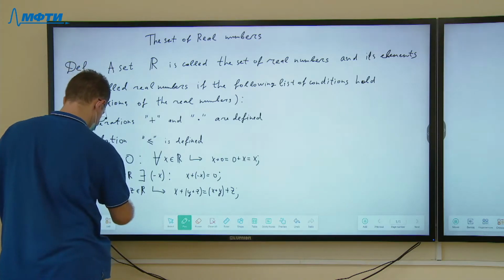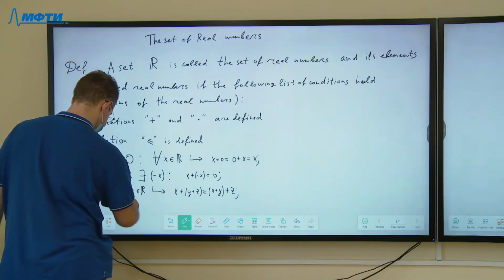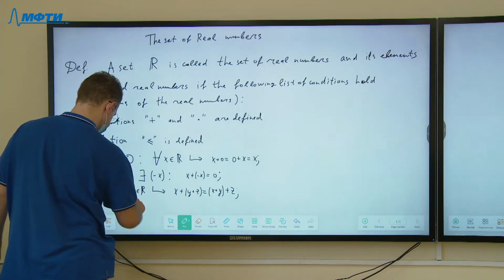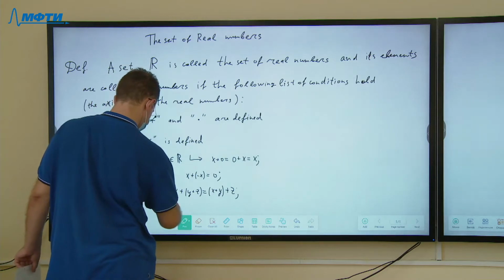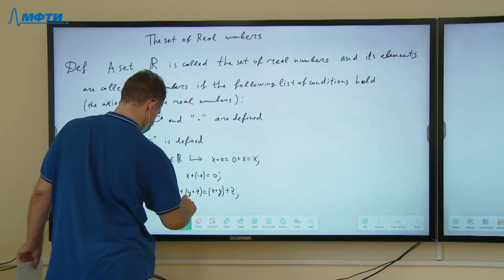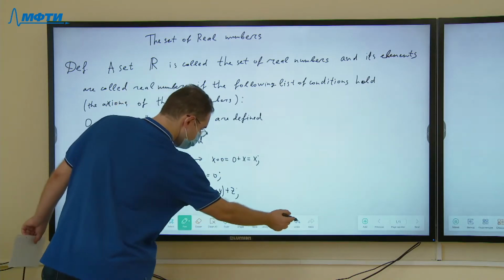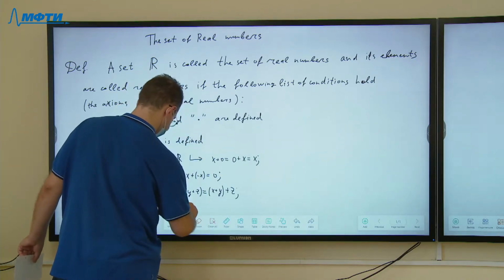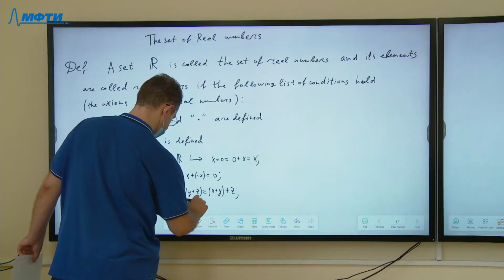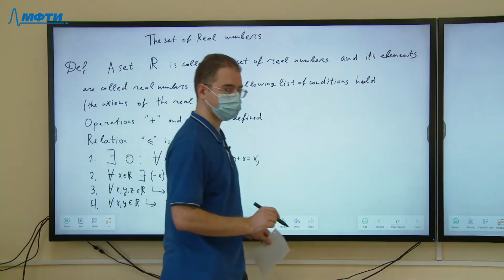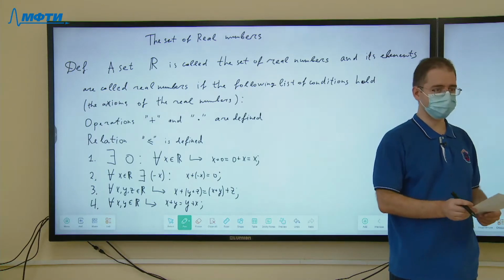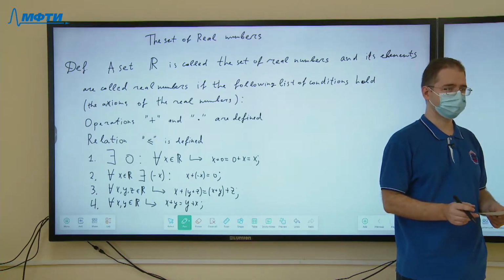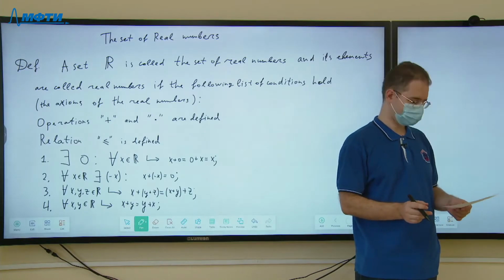For any x and y reals, we have x plus y equals y plus x. So those are simple properties of addition.